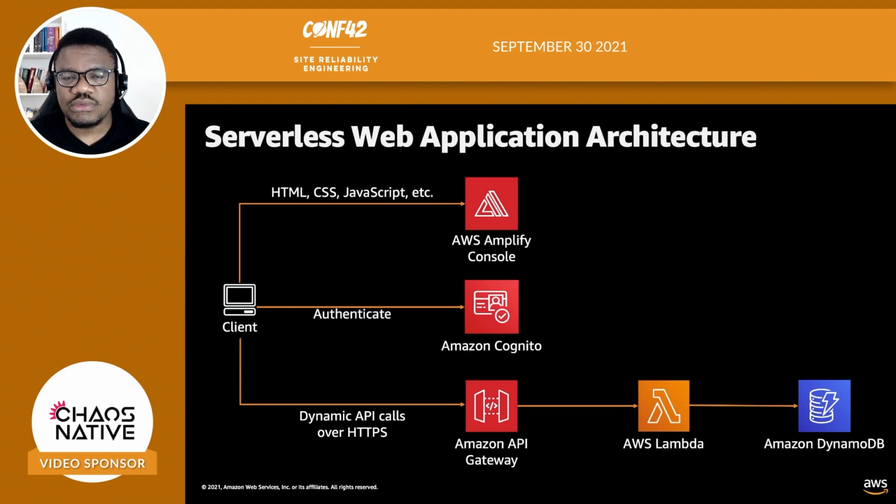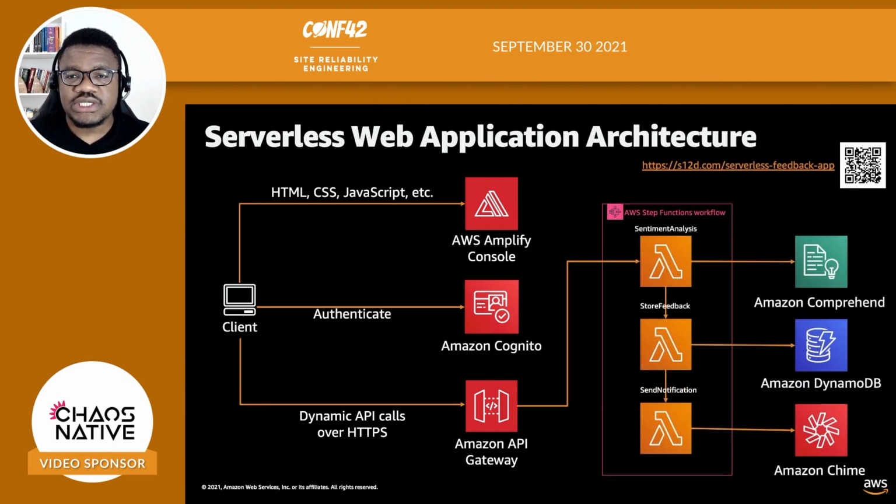It can even get a bit more complex. You can also have other serverless services on the platform, for example, Step Functions. In the example on the slide, you can see a simple serverless feedback application whereby a user can submit feedback and it goes through a number of activities to process that feedback, starting with sentiment analysis, where it looks at the feedback to determine whether it is positive or negative. Then it stores the feedback in a DynamoDB database, and then you can send a notification to the feedback owners to say you've received the feedback, say to Amazon Chime, for example.